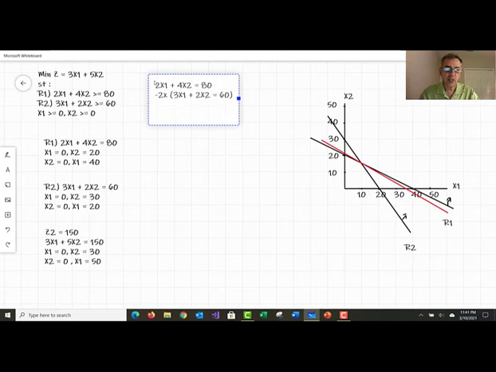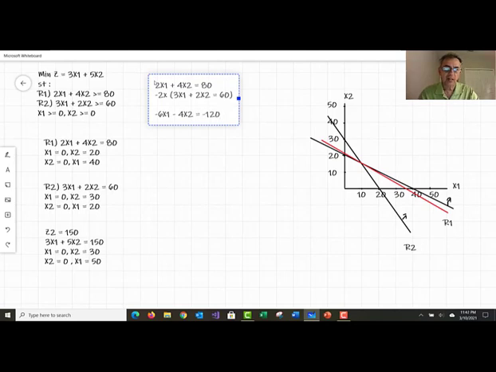In this case, I end up with minus 6x1 minus 4x2 equal to minus 120.